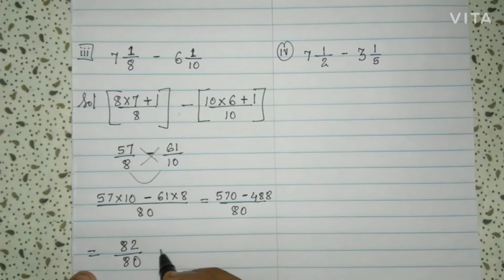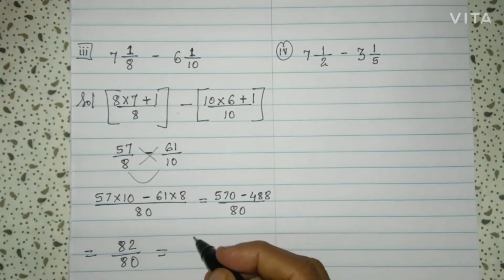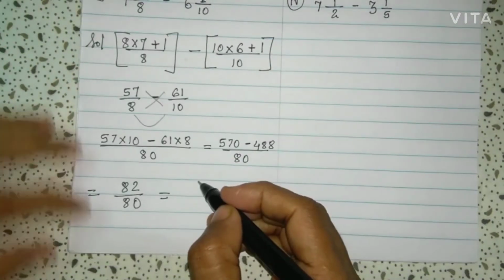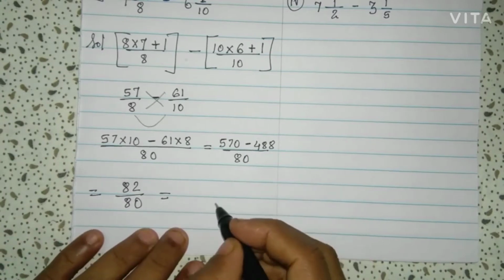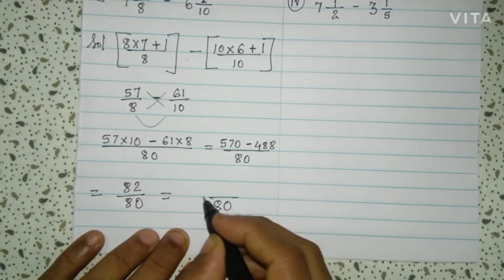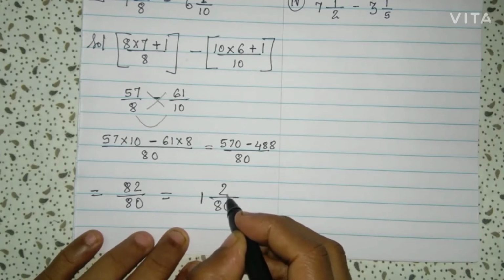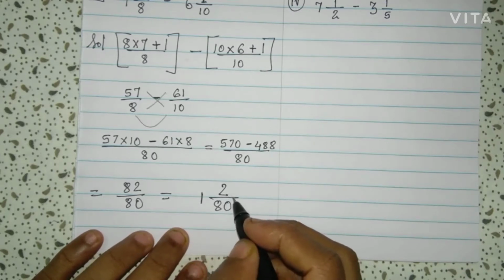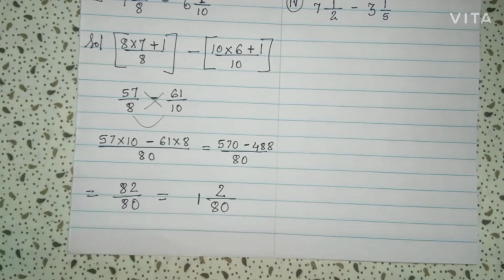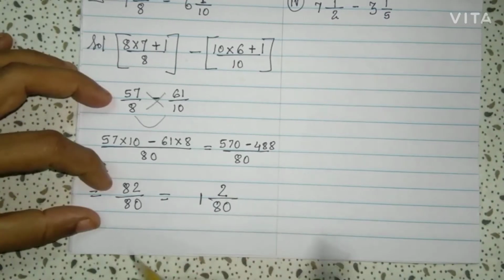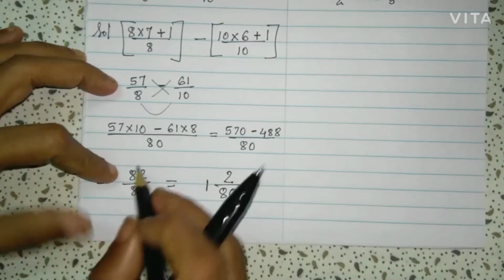Okay, so when you divide it further, you will get 80 ones are 80 and remainder 2. But yeah, we have little division.